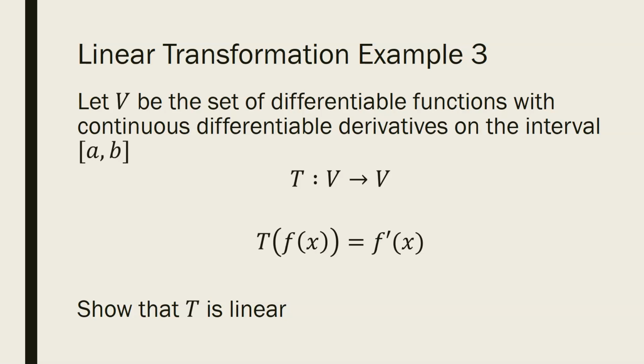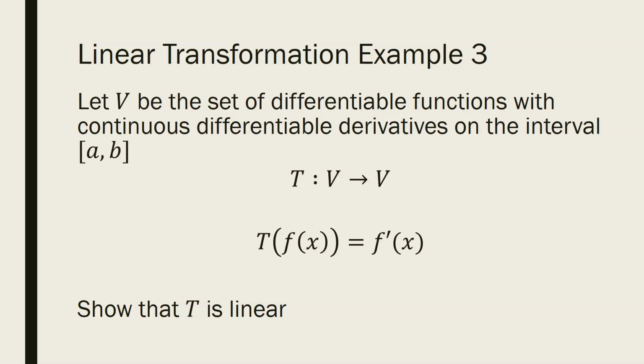This one is going to be from the vector space of differentiable functions, so functions which have a derivative. Specifically, they're going to have continuous derivatives on some interval from a to b. So in other words, we're going to look at functions which have nice derivatives over some interval.